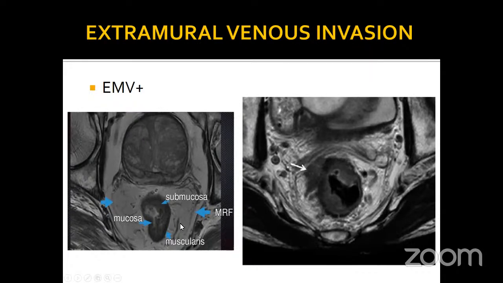Histologists comment on it as lymphovascular invasion. We radiation oncologists can comment as extramural. This is a vein which gets dilated, and why is this dilated? This is the normal appearance of the vein. Why is this dilated? Because of the venous tumor invasion. So this is called extramural venous invasion, EMVI.